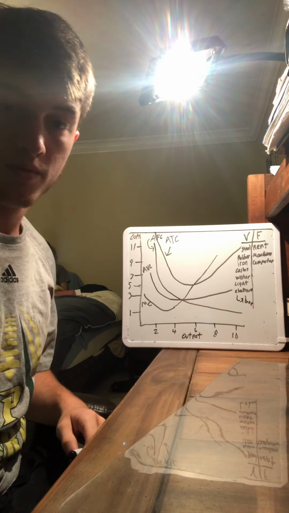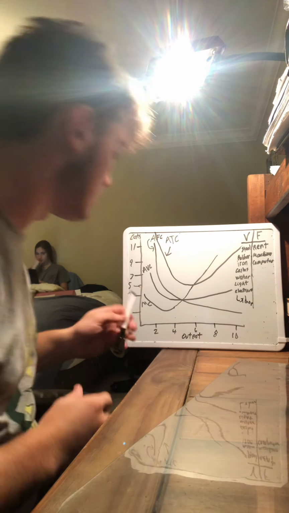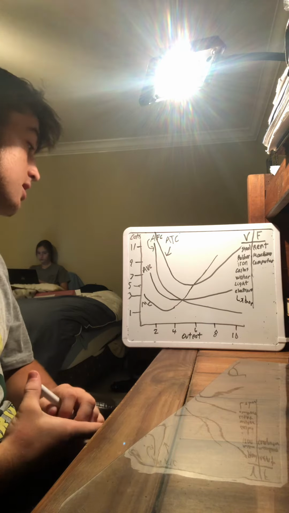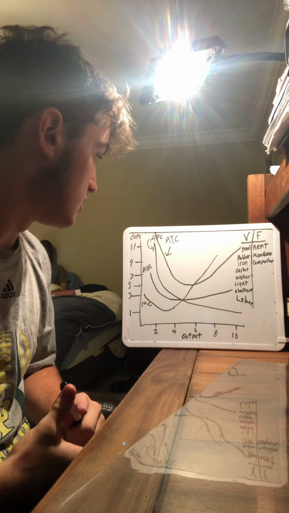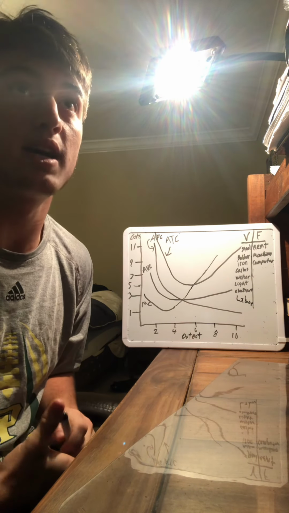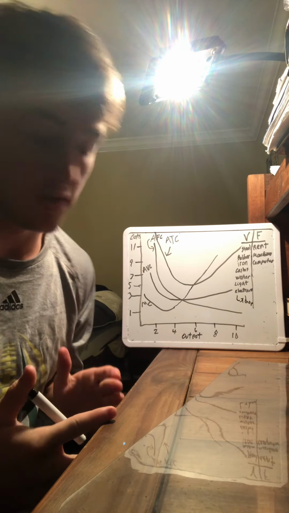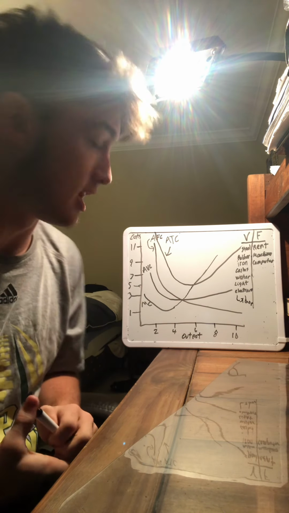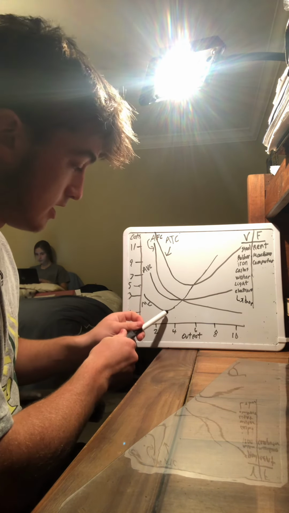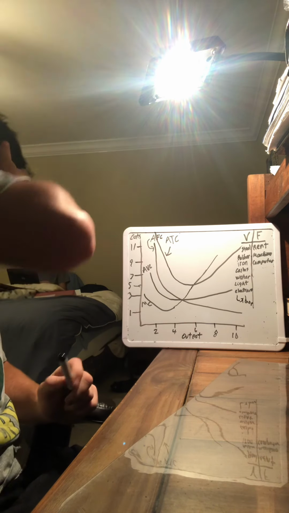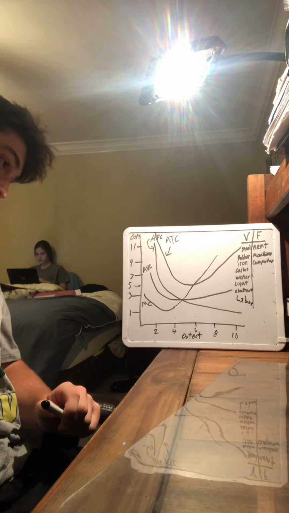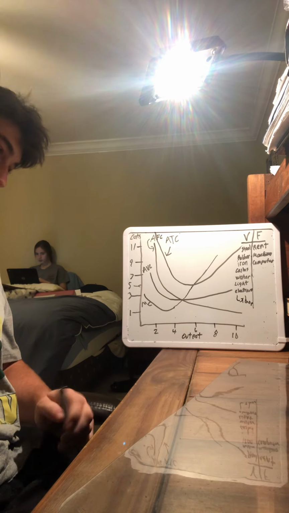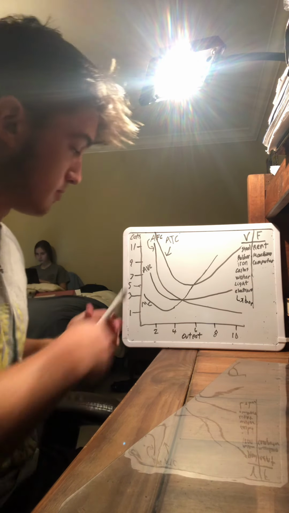I'm going to transition into marginal cost. It starts off going down because as you hire your laborers, they are using every resource inside of the factory to the maximum potential. So if you had 3 men working on a 3-man job, marginal production would be at the high point.